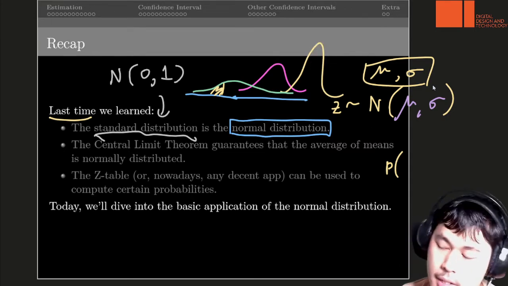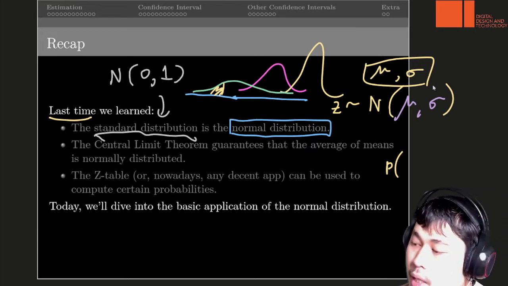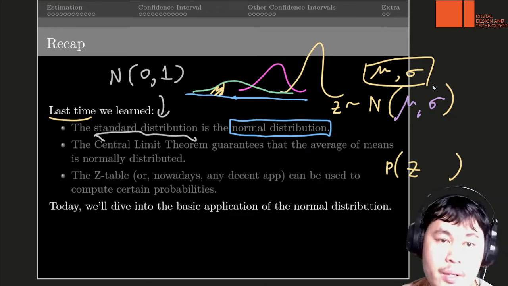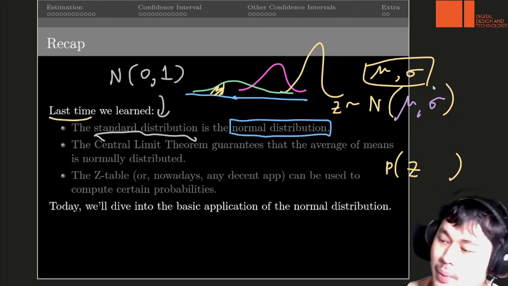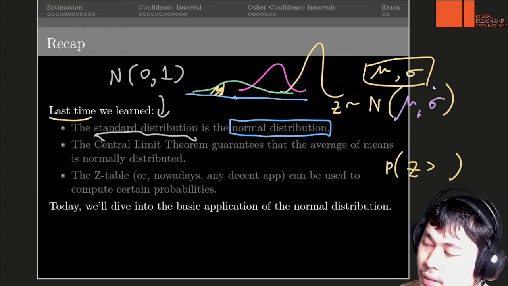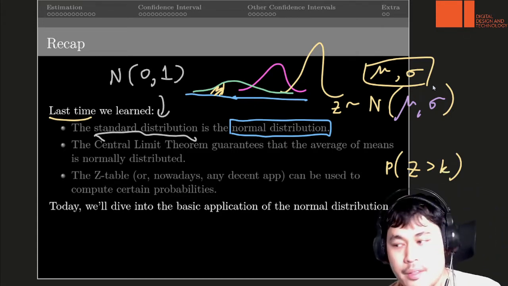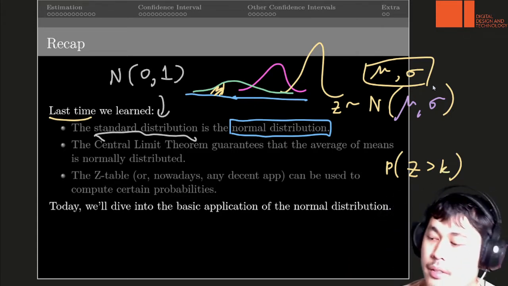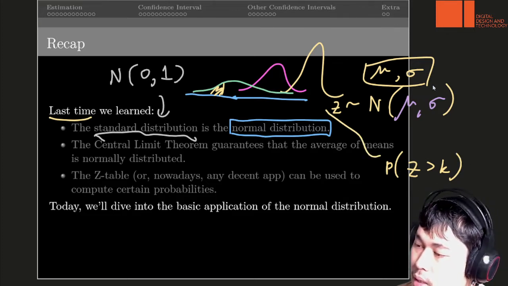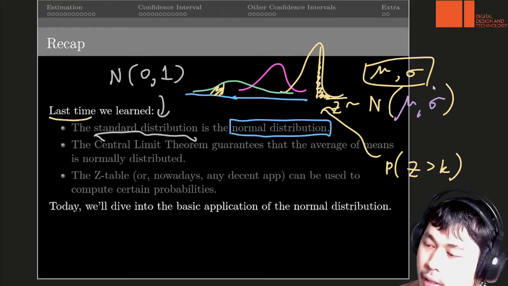And once we have this distribution, then we can talk about the probability that the Z value, or the person that we pick randomly, has height greater than some value, maybe let's say 145 centimeters. That's going to be the area under the curve.